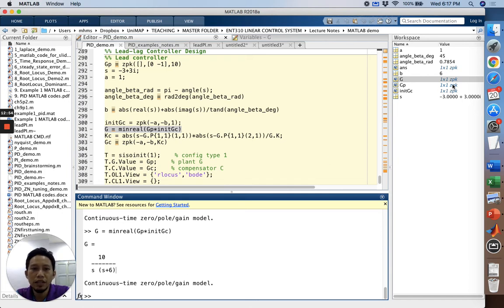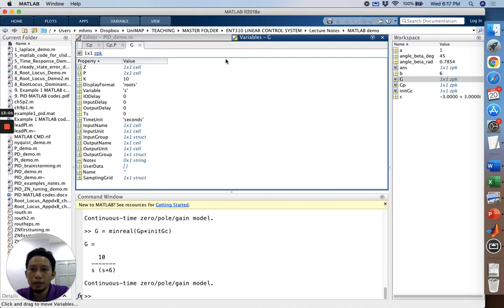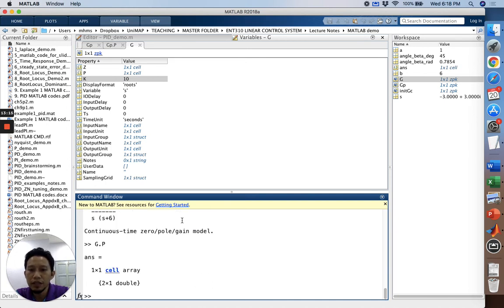So G is actually a ZPK. If you double click on G here, we have this property of ZPK. So we can call g.p here. g.p is actually a cell array.